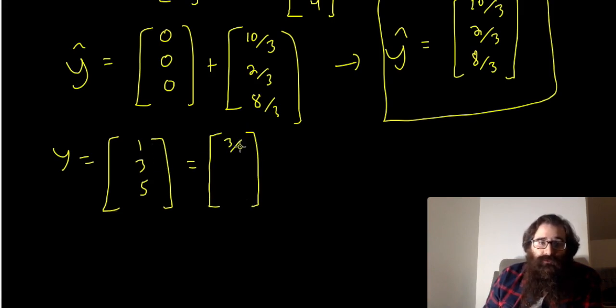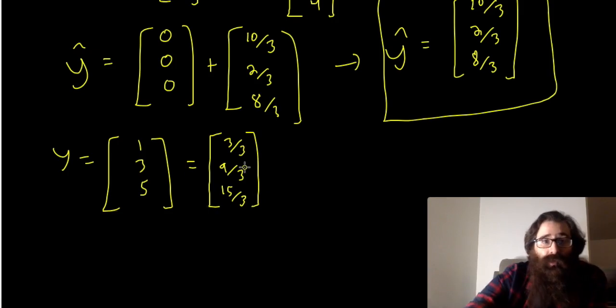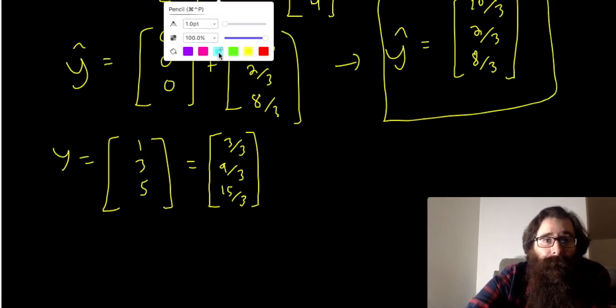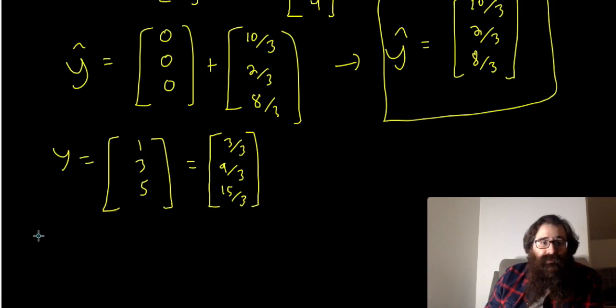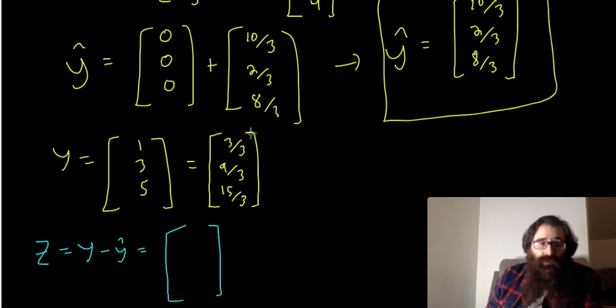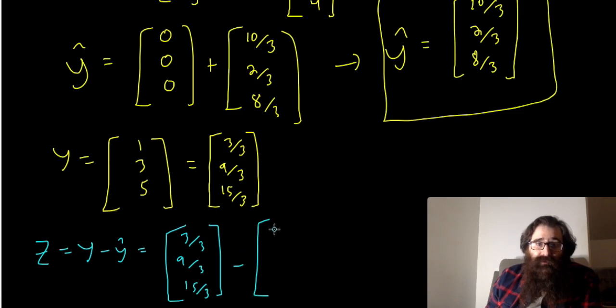So 1 is 3/3, 3 is 9/3, and 5 is 15/3. And this is still vector y. Now I want vector z. z is equal to y minus y hat. And vector y, same vector y, but I wrote it as fractions, (3/3, 9/3, 15/3), minus vector y hat, which was (10/3, 2/3, 8/3).